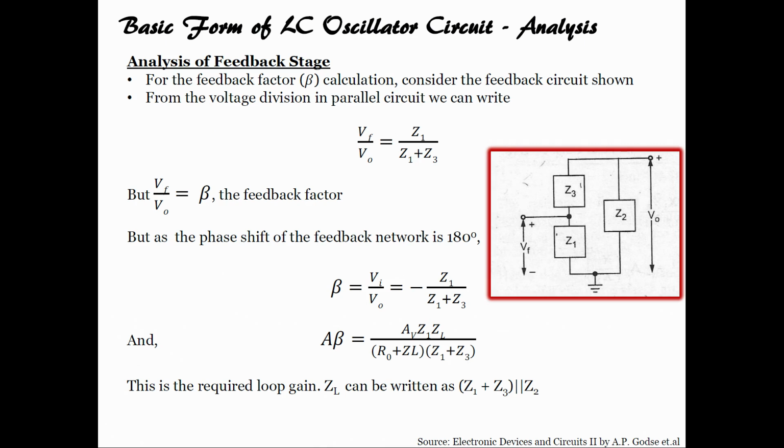Further, when we analyze, we get beta equals Vi by Vo, which is nothing but Z1 upon Z1 plus Z3 with a minus sign, that is the 180 degree phase shift. So, A beta would be this formula. This is the required loop gain. ZL can be written as Z1 plus Z3 in parallel with Z2, you can see here.